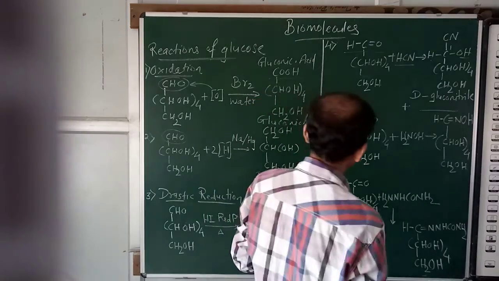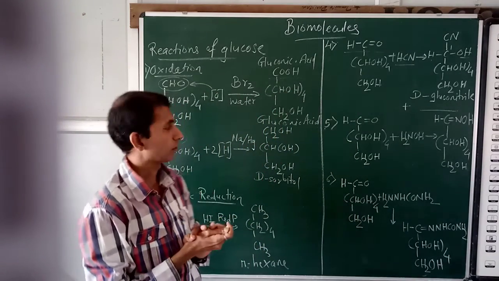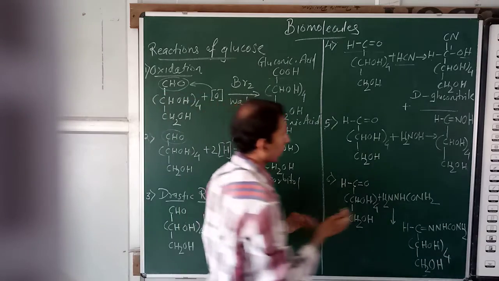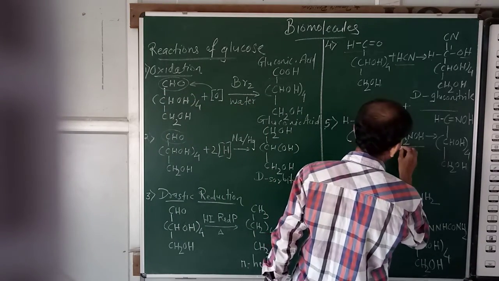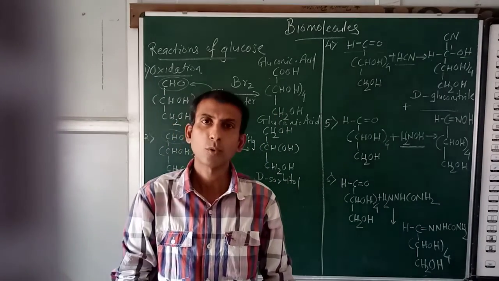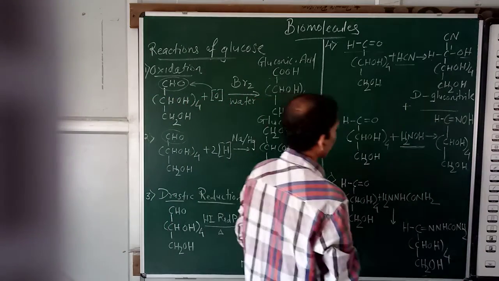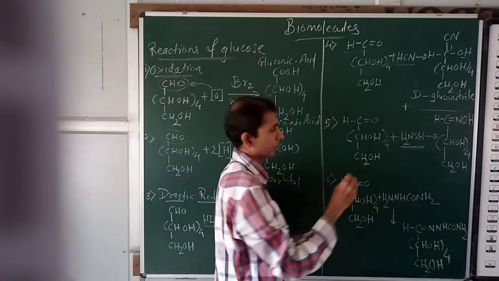Two more reactions. The next reaction is of glucose with hydroxylamine. You know this compound, right? NH2 group, OH group, hydroxylamine. Show the elimination of a water molecule like this.